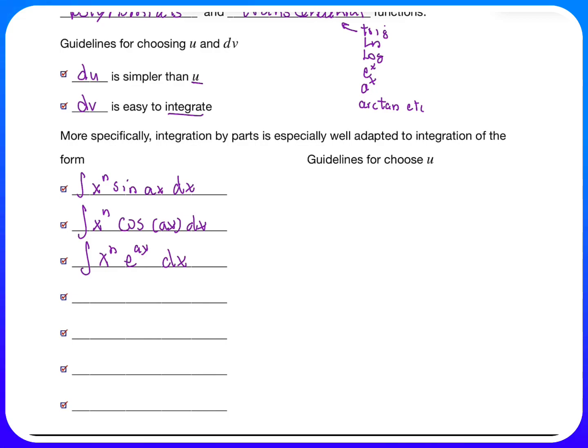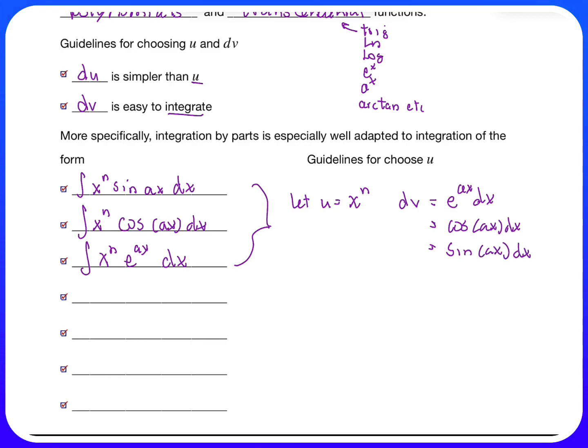If you have these three situations, you're going to choose u to be the polynomial, the x to the n, and then choose your dv to be the other function: the sine of ax, the cosine of ax, or e to the ax. So just remember, if it's a polynomial times a sine or cosine, or a polynomial times e to a power, let u be the polynomial.